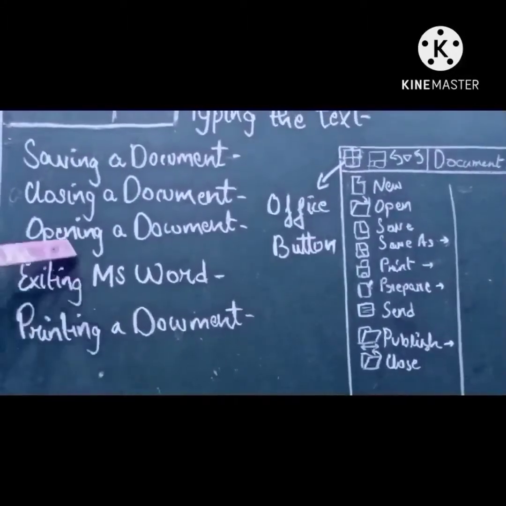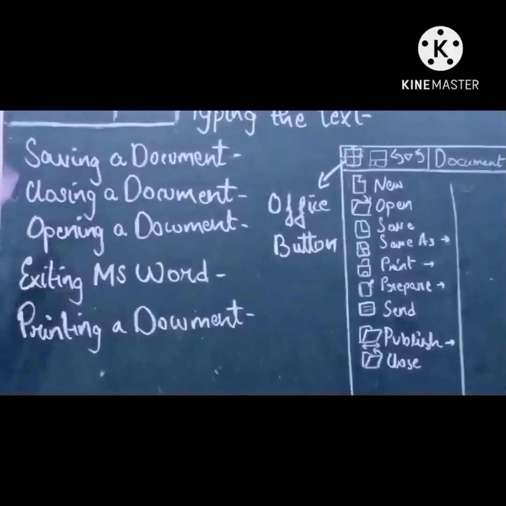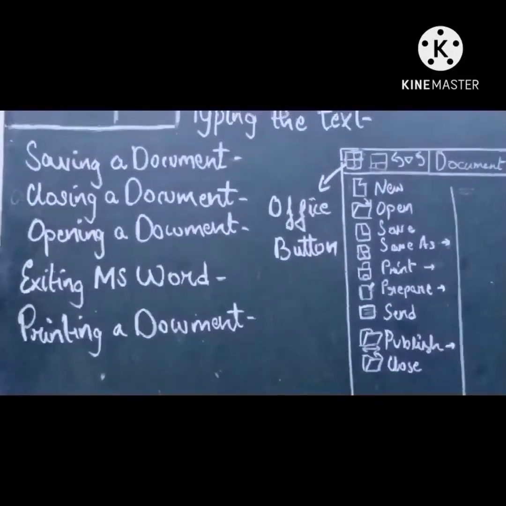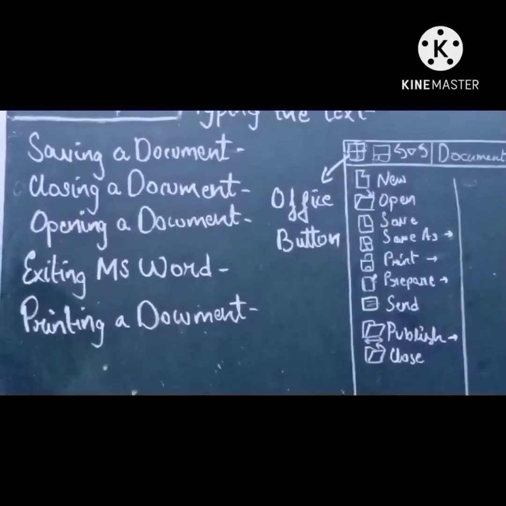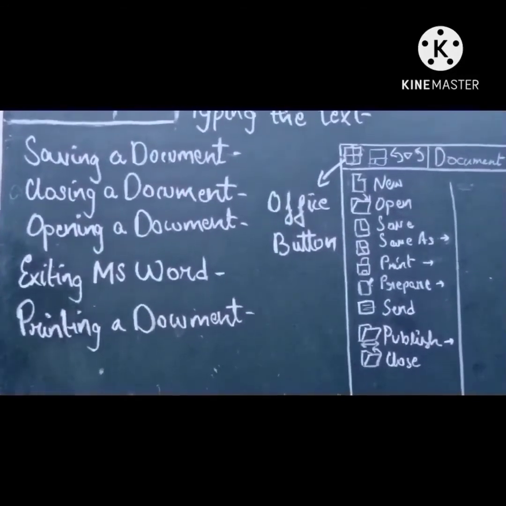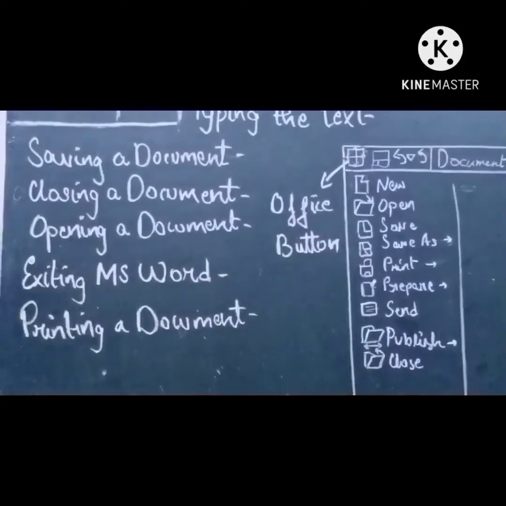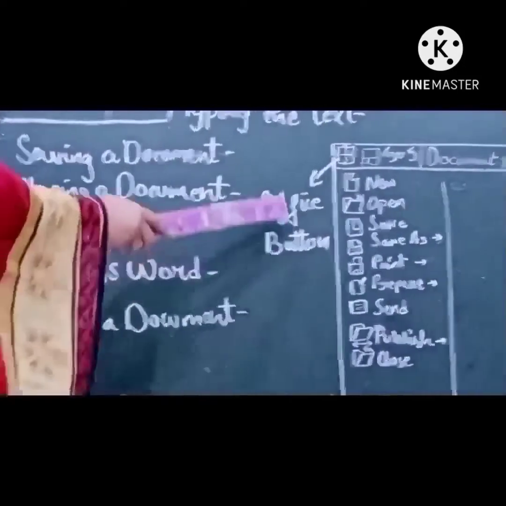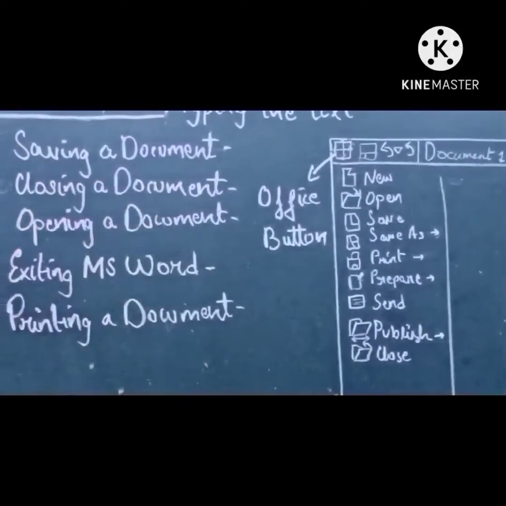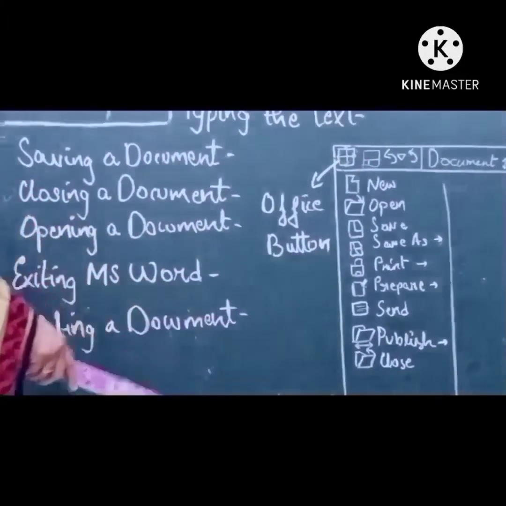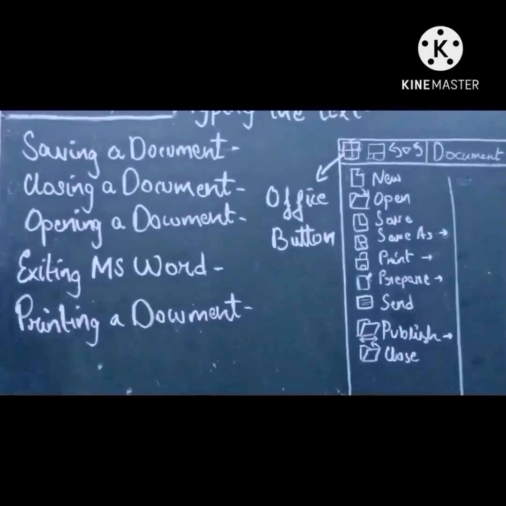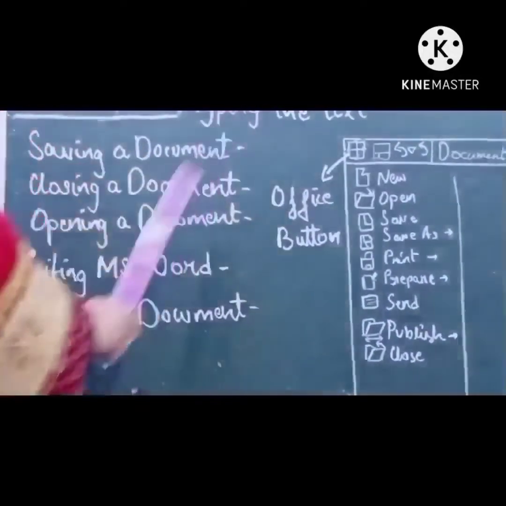Next, children, is opening a document. Children, you want to open any old file. Then what you have to do? You have to again click on the Office button. When you click on the Office button, you have to select the open option from here.